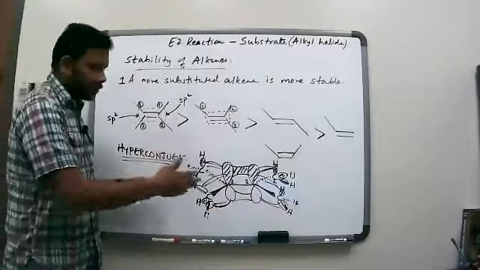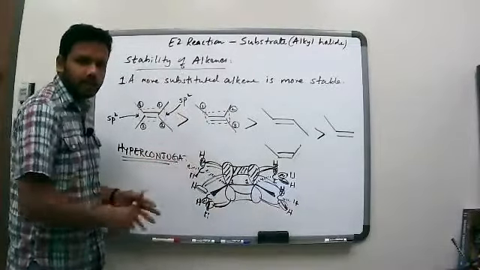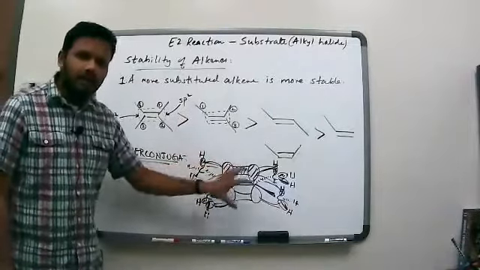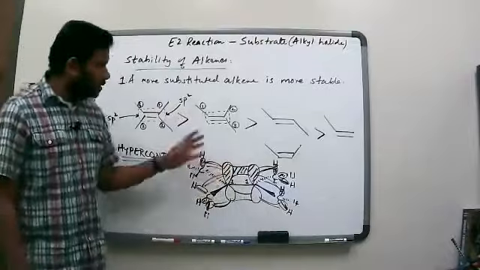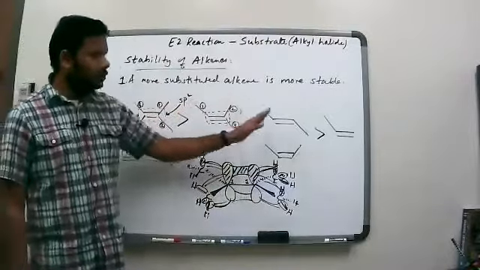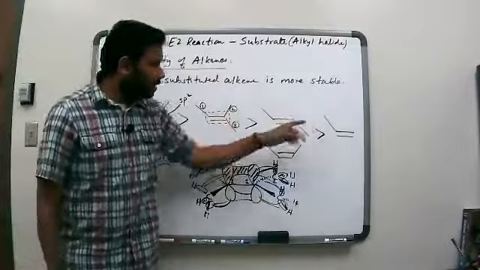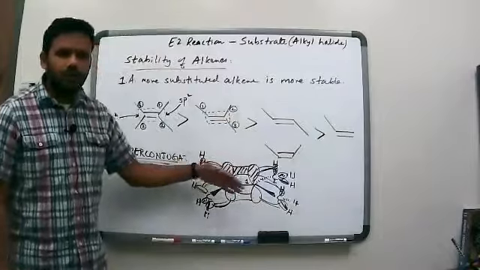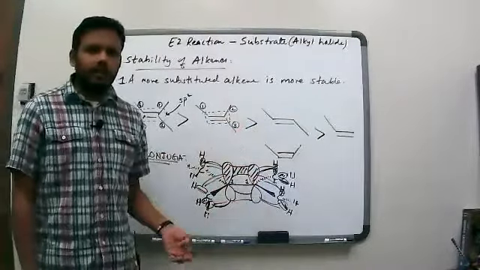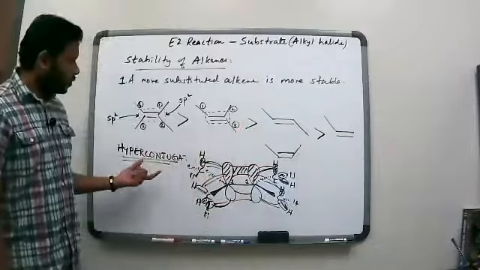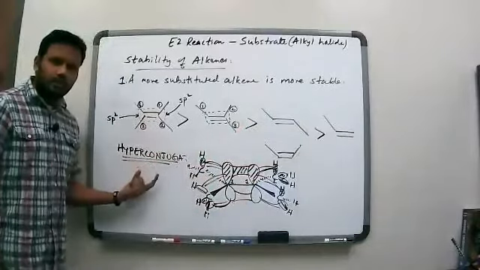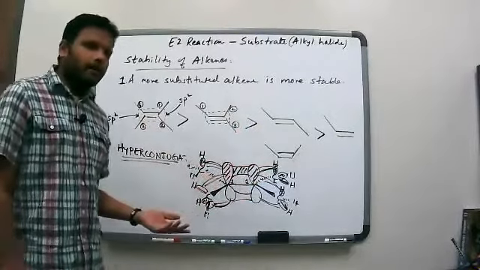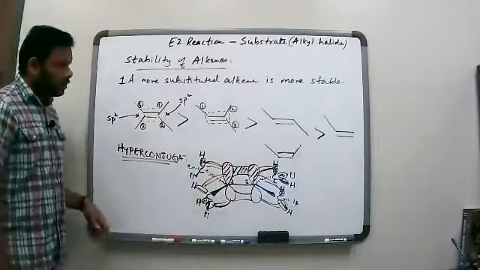So there's basically an electron density sharing between these orbitals, and that stabilizes the alkene itself. As you go from a tetra to a tri to a di to a mono, you're cutting down on the number of groups that are able to do this sharing, and therefore the alkene becomes less stable. So a more substituted alkene is more stable, and this effect is called hyperconjugation. We went over that in the carbon-based intermediates portion.